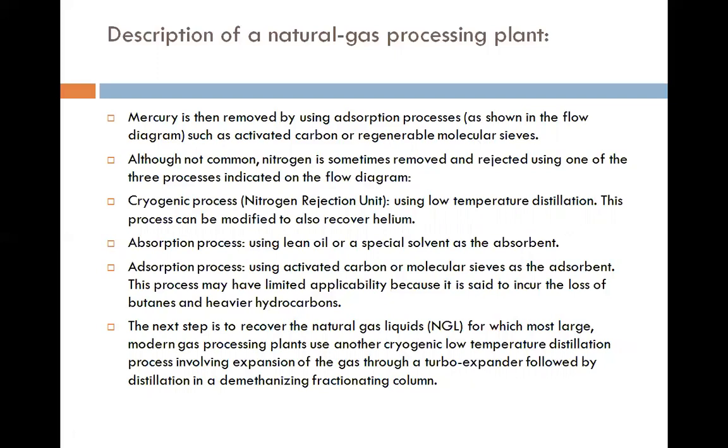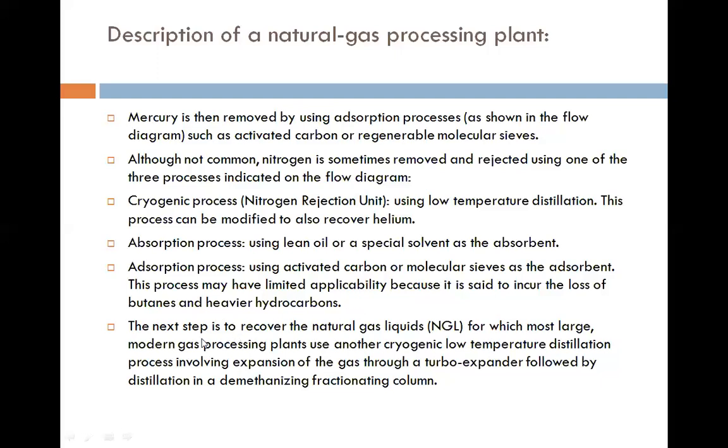In the cryogenic process, using low temperature distillation, the process can be modified to also recover helium. In the absorption process, lean oil or a special solvent is used as the absorbent. And in adsorption, activated carbon or molecular sieves are used as the adsorbent. This process may be limited and applicable to some types of raw natural gas in which loss of butane and heavier hydrocarbons occurs.